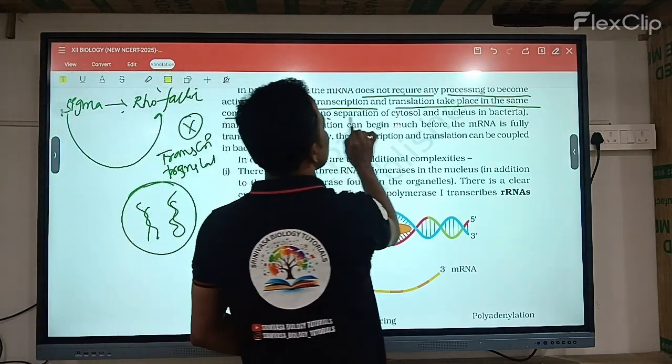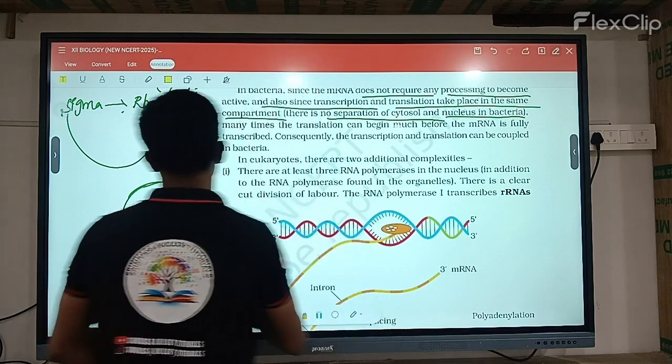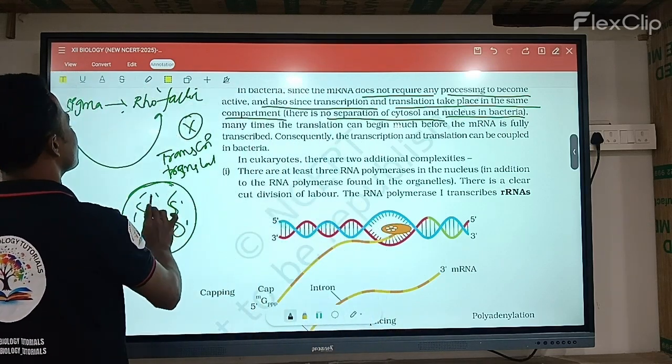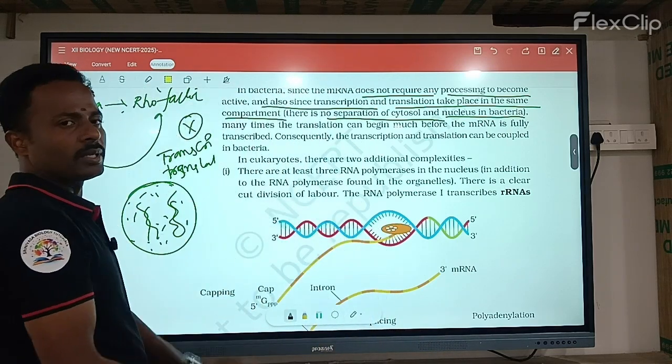So there is no separation of the cytoplasm and nucleus in bacteria, because they have no complete nucleus separate from the cytoplasm.